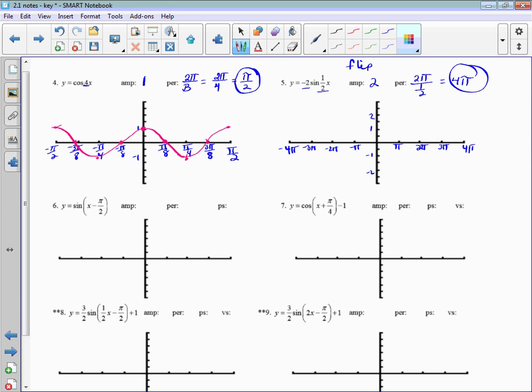Okay, you may not need to do this next step, but I'm going to go ahead and just plot the parent graph points for sine. So that's one that starts at 0, 0.